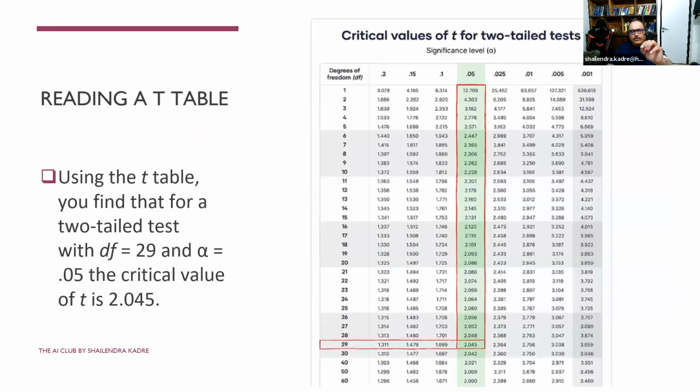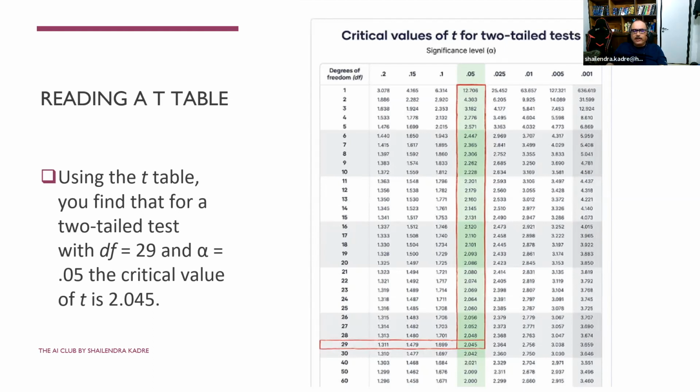You should be able to read the T statistic given the degrees of freedom and the level of significance. The level of significance can be 0.2, 0.15, 0.1, but as I said, in most practical cases the significance level is fixed at 0.05. So if I give you the degrees of freedom, you should be able to read the value from the T table.